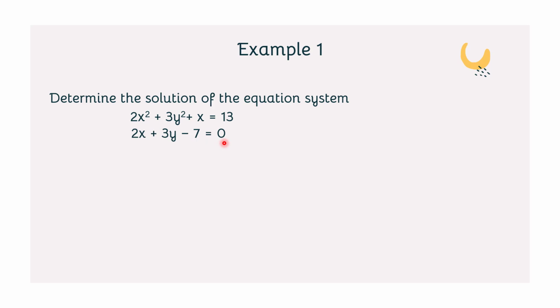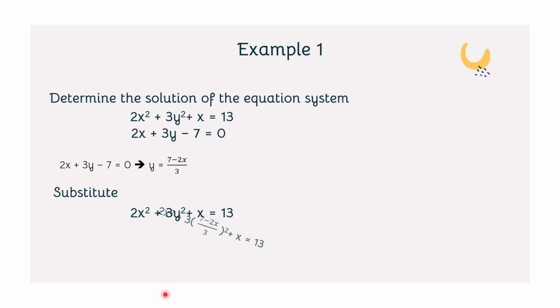To find the solution, as we know in algebra, we can do substitution. From 2x plus 3y minus 7 equals 0, we change the form to y equals (7 minus 2x) over 3. After that, we substitute this value of y into the quadratic equation.